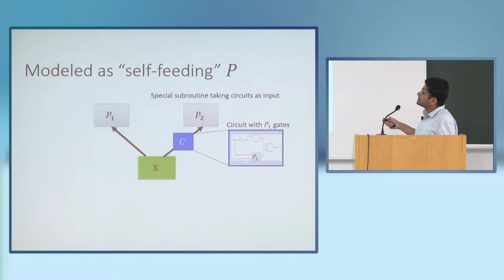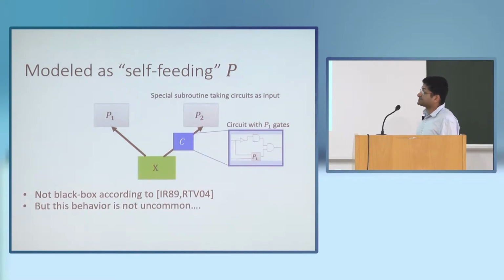Or you could have a primitive that allows for both P1 and P2 to be planted. Okay? And this is not captured in the black box definition of Impagliazzo-Rudich and RTV. But this behavior is not uncommon. In particular, the examples that I gave for FHE bootstrapping, going from FE to iO, and also proving in zero-knowledge a statement where the verification algorithm makes oracle calls, they all have this planting behavior. Okay?